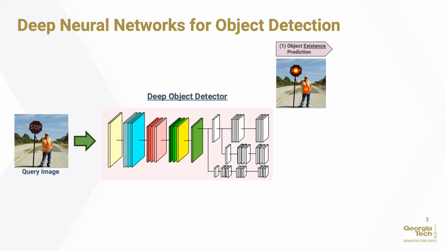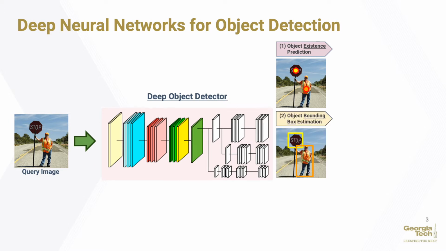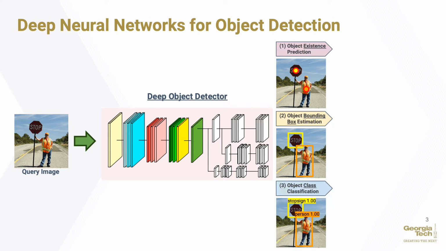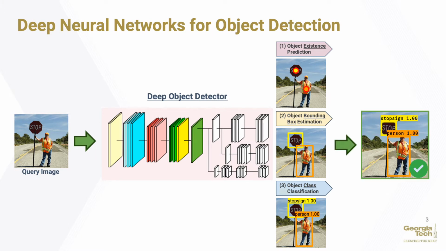It first predicts the existences of the objects, and then the next task is to estimate the bounding box of each detected object. And finally, the last task is to classify what kind of object is enclosed in each bounding box. So at the end, we will get this beautiful result, a person holding a stop sign with high confidence. And the self-driving vehicle can make the decision accordingly.